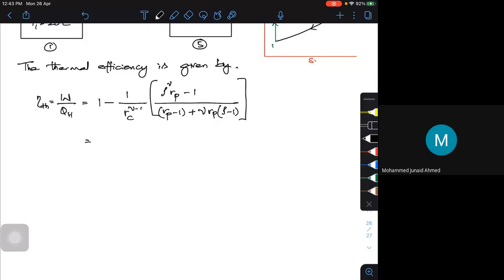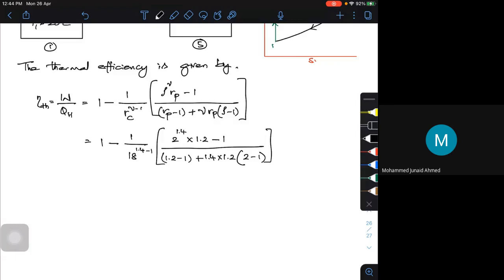I will substitute that. So 1 minus 1 by RC, which is given as 18, so 18 to the power of 1.4 minus 1, into rho given as 2, so 2 to the power of 1.4 into RP, 1.2 minus 1, divided by RP, 1.2 minus 1, plus gamma 1.4 into 1.2 into 2 minus 1.